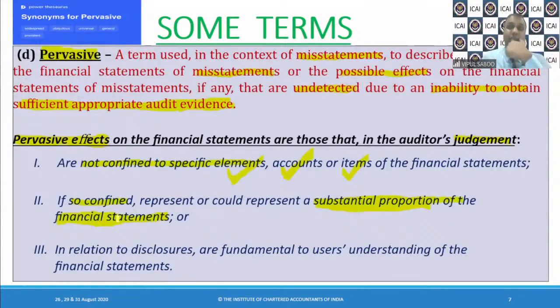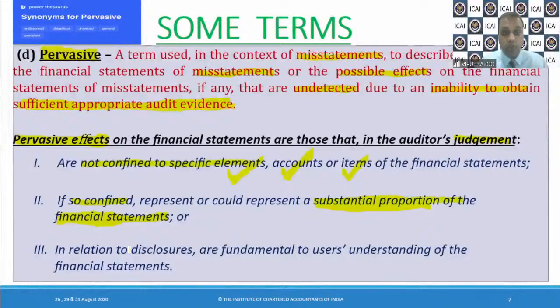Cash, sales, fixed assets. So even if it is confined to a particular element, account, or item, its nature is such that it is going to affect a substantial portion of your financial statements. Then this particular misstatement, if left undetected, would have a pervasive effect. It would start a chain of further misstatements.